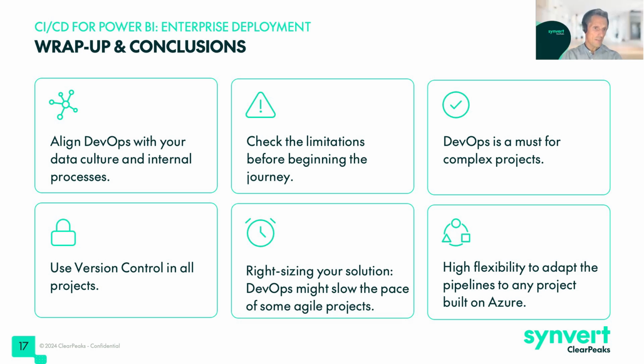DevOps might slow the pace of agile projects, so find the balance. And the last point is that there is plenty of room for high flexibility to adapt the pipelines to any project built on Azure. It doesn't matter what your deployment life cycle is, with Azure DevOps we can customize it. We can add as many stages as you need and define the life cycle of the process to your needs.